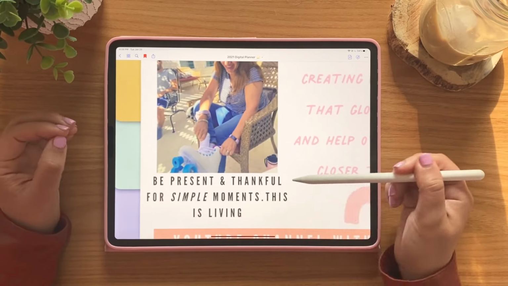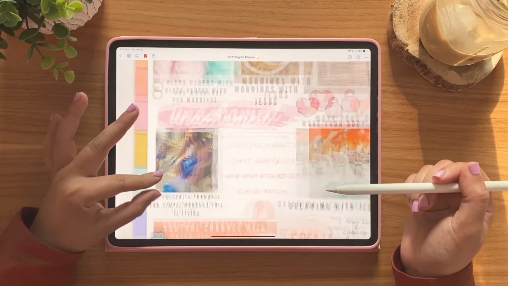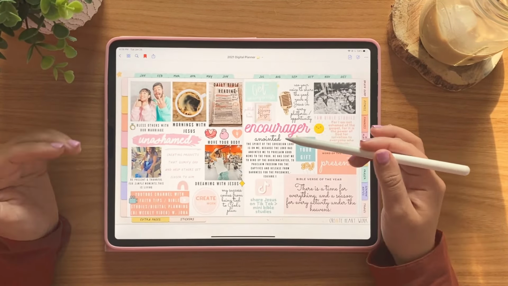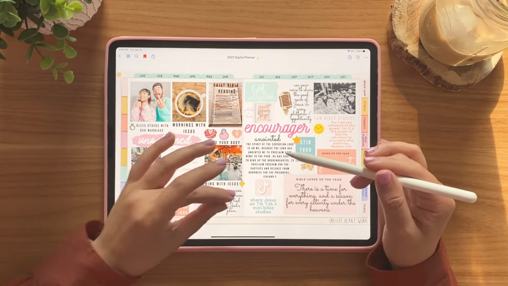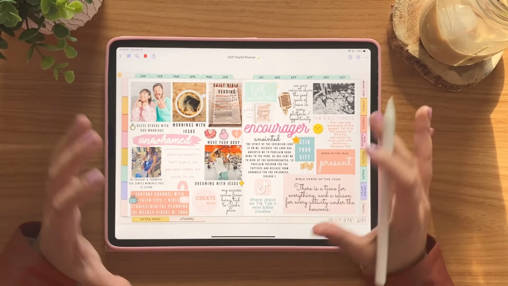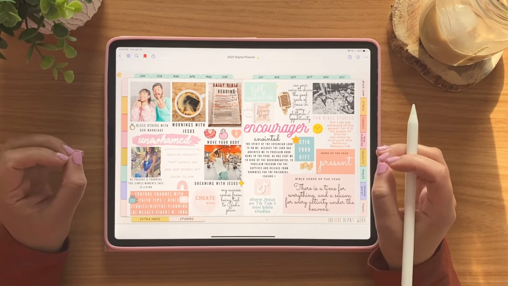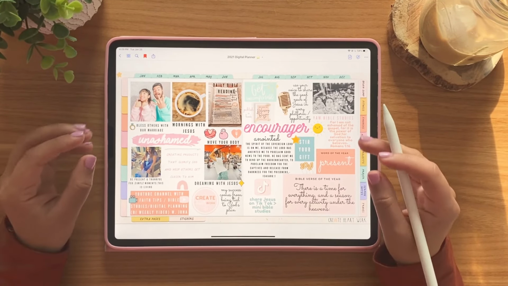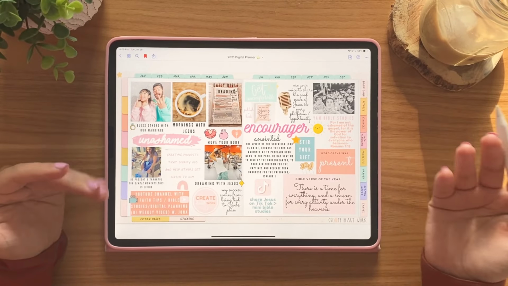I put be present and thankful for simple moments. This is living. Unashamed, encourager, anointed, stir your gift, share more Jesus on TikTok, mini Bible studies. So it's a focus board of things that I'm focusing on this year, and it is a lot aimed at spiritual growth.